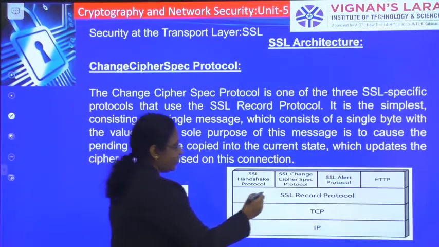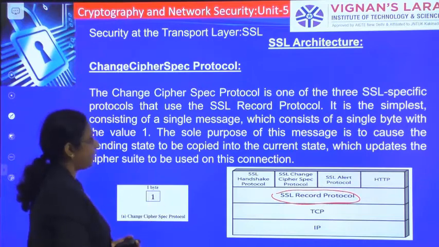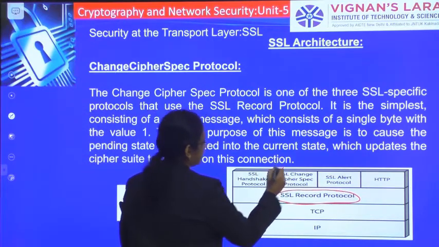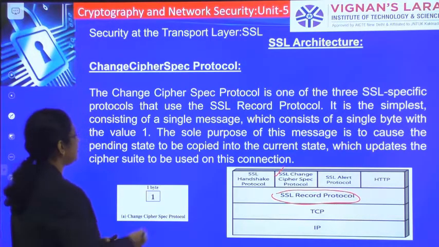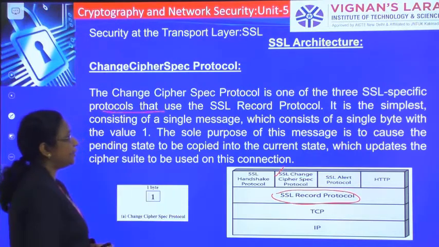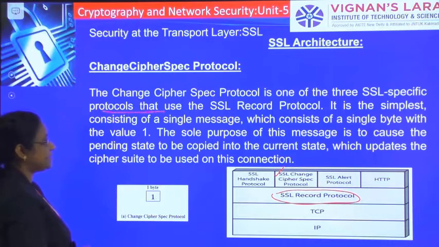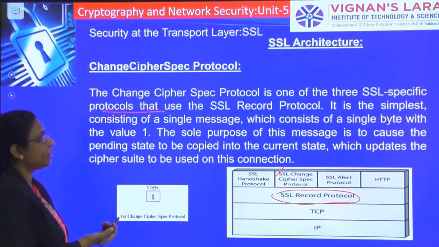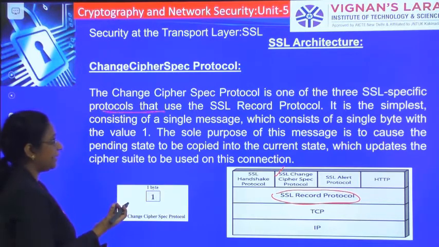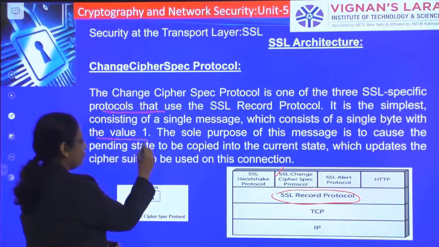So we have already completed the SSL record protocol. Next we are going to study the change cipher spec protocol. The change cipher spec protocol is one of the 3 SSL specific protocols that use the SSL record protocol. It is the simplest, consisting of a single message, which is a single byte with the value of 1.